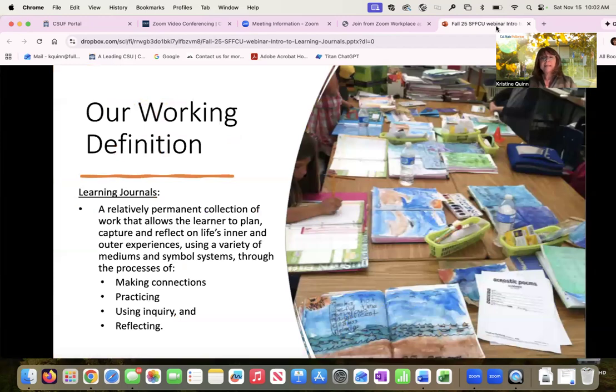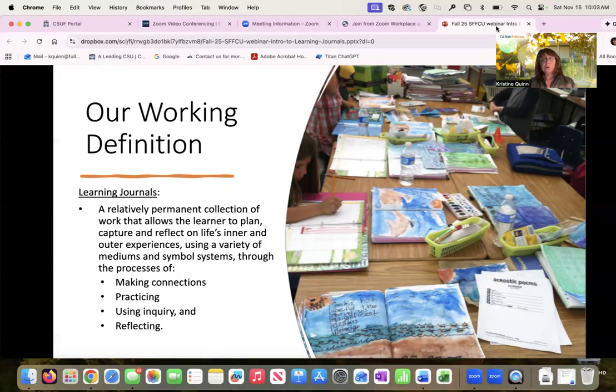So when we're defining the idea of a working journal, we're talking about a permanent collection, usually kept in a spiral binder, of work that allows the learners to plan, capture, and reflect on their life's experiences. And we're using different mediums of art.